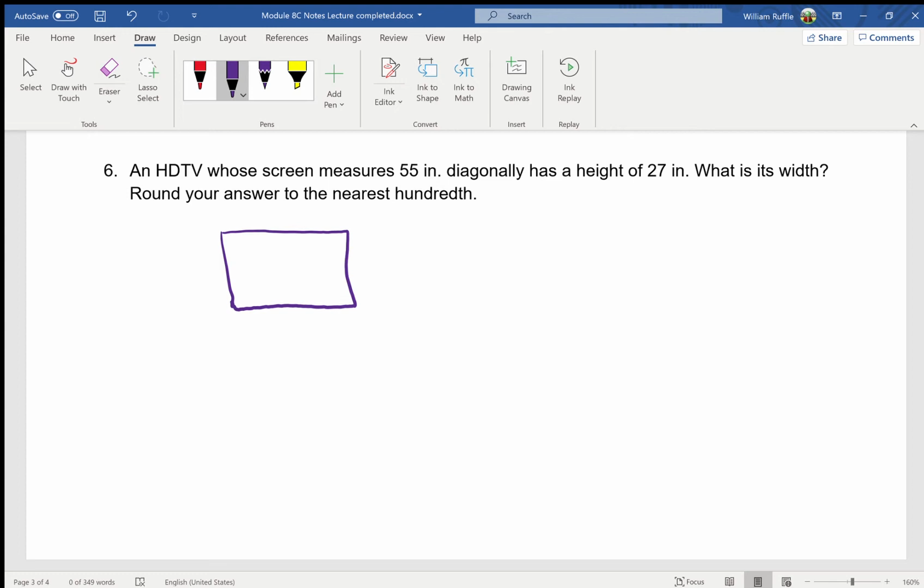So it gave me the diagonal, so this is 55 inches, height of 27 inches, and we're looking for the width. So now I can make this A or B, or I'll make it A. It just doesn't matter, because my hypotenuse is definitely 55. So I have A squared plus 27 squared equals 55 squared.